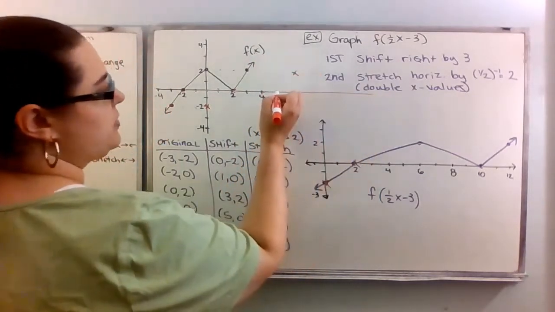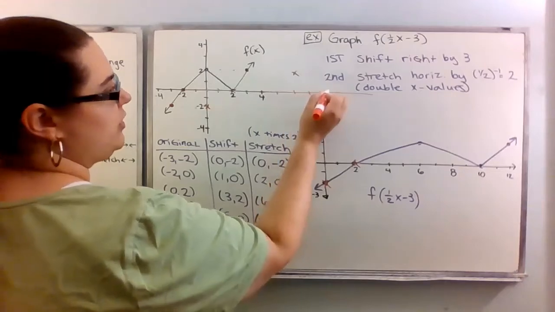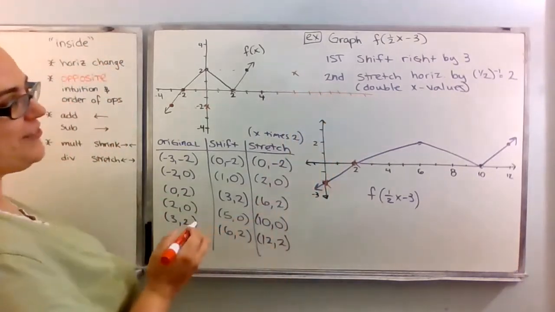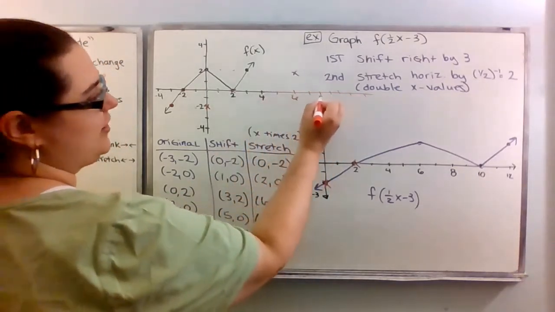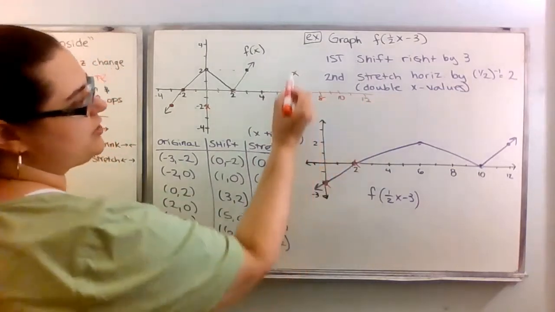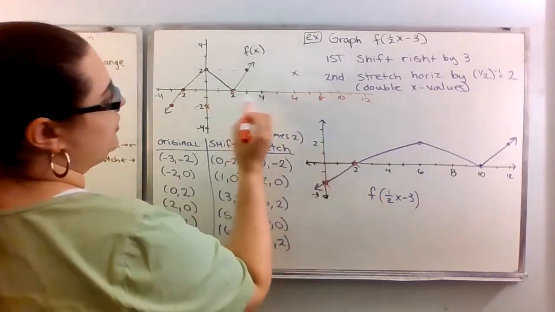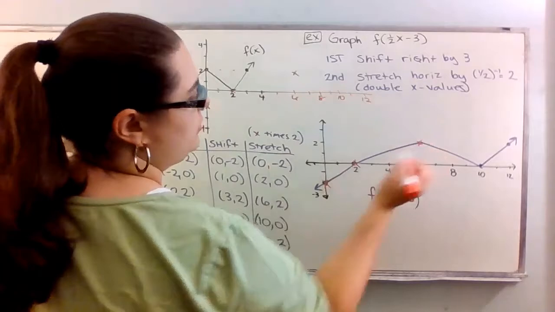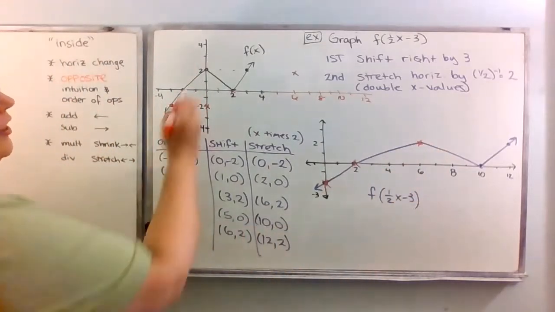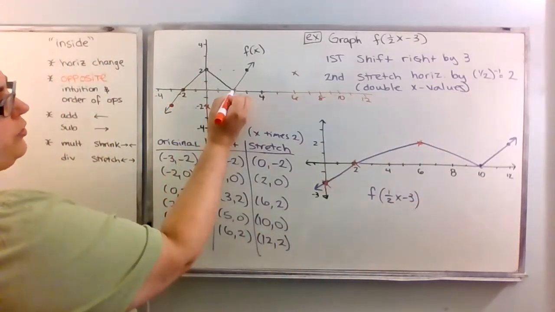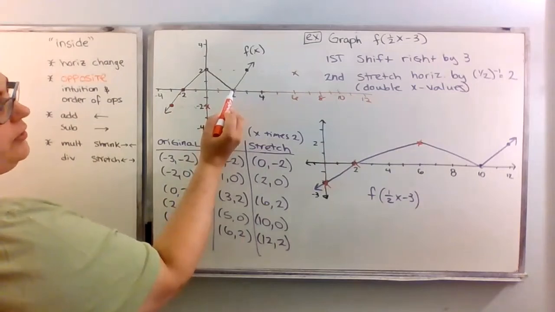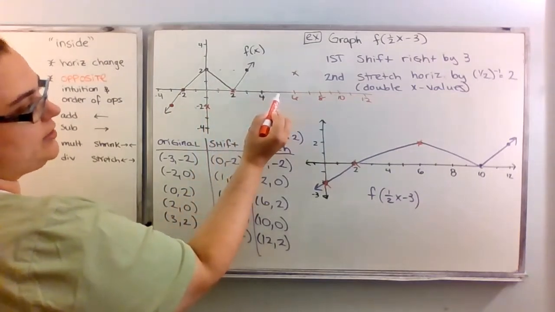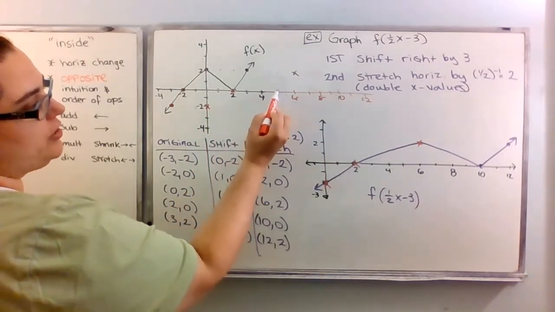Just going to give myself some more space here, a little bit of room, so you can see where these are going. So we have 6, 2, the next one. Then if I'm looking at this point, I go to the right by 3, 1, 2, 3, and I double the x. So the x value here is 5.